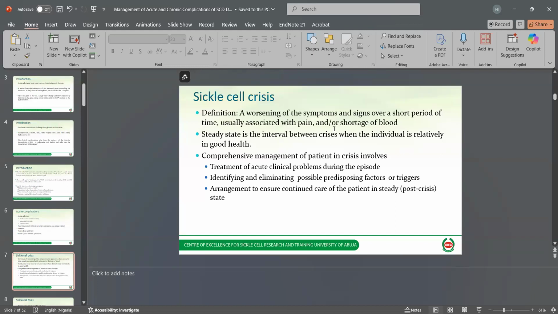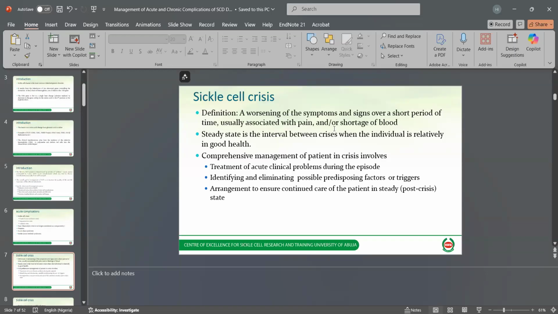Usually, when they are discharged, you give them a short appointment to come back, and then if they are well, you begin to give them a longer appointment. Most sickle cell patients will stay at home. They don't come to hospital.